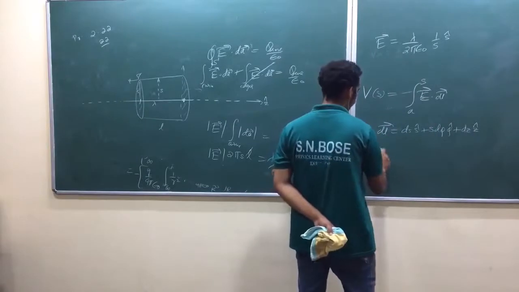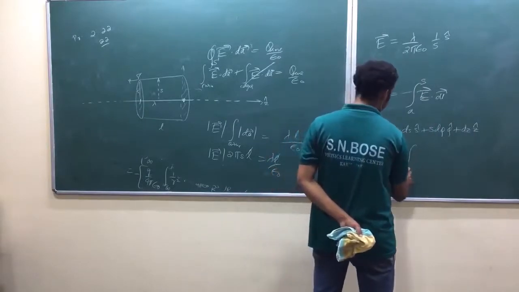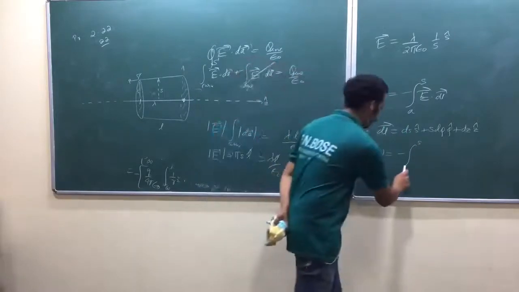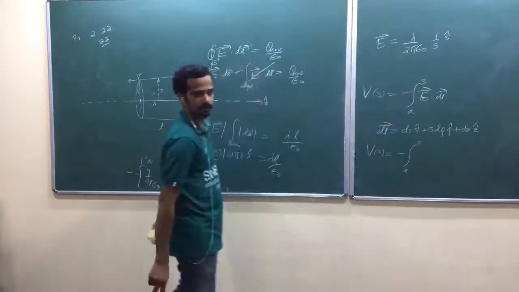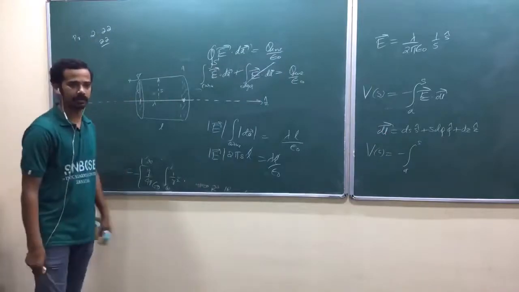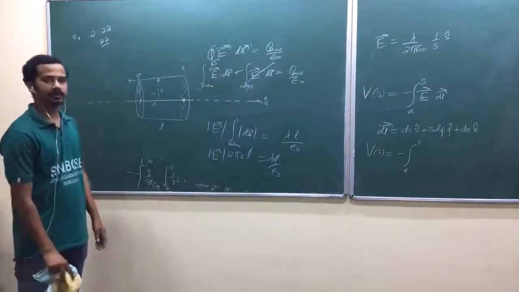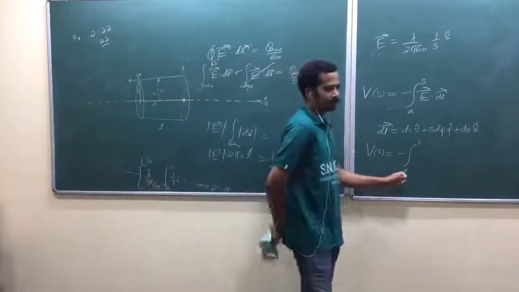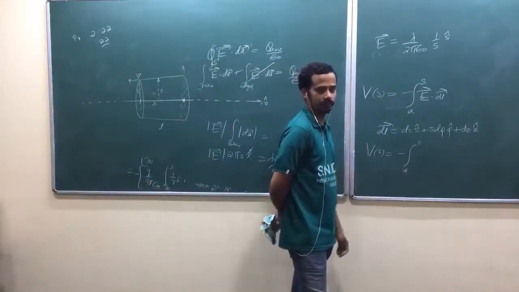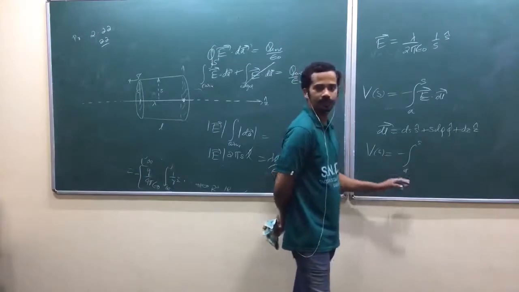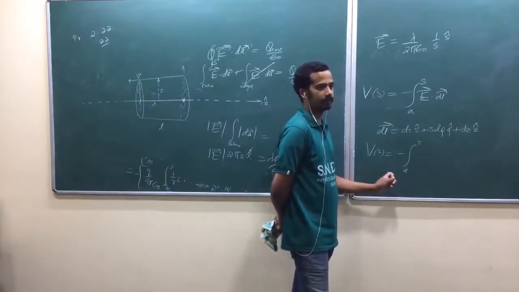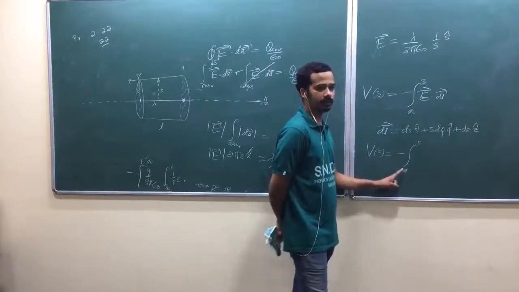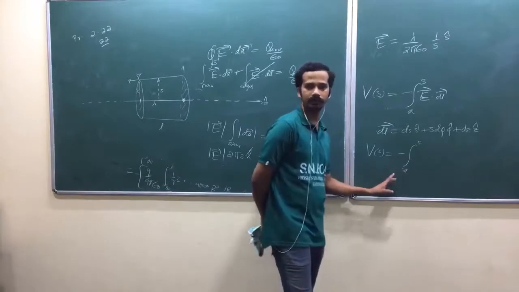So then potential at a distance S is the integral from A to S. A is some distance from the axis again. Actually, position in space should be written in terms of position vector. Here I am taking position as a distance A from the wire.